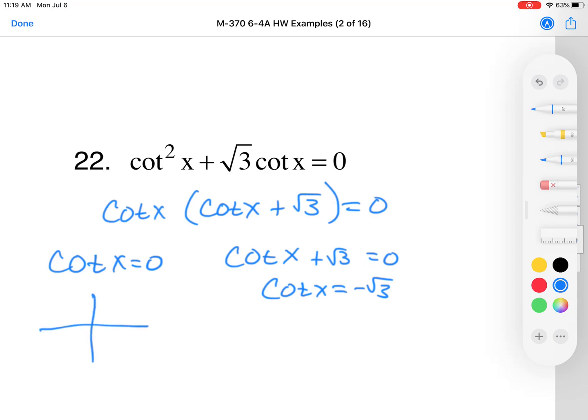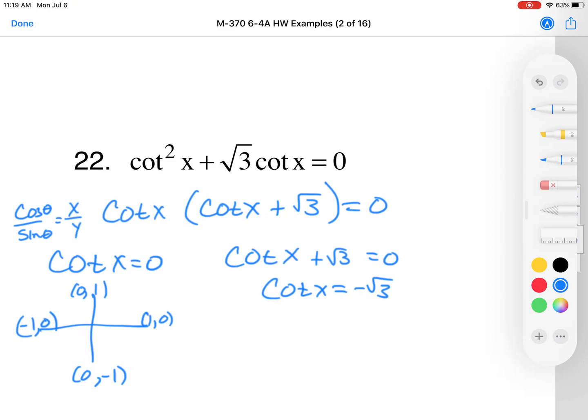With 0, I know it's going to be at one of the sides. So let me label these properly: 1, 0; 0, 1; negative 1, 0; 0, negative 1. I know that cotangent is cosine over sine, so it's x over y.